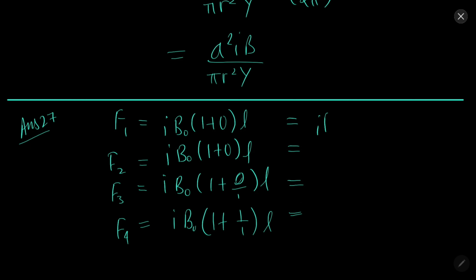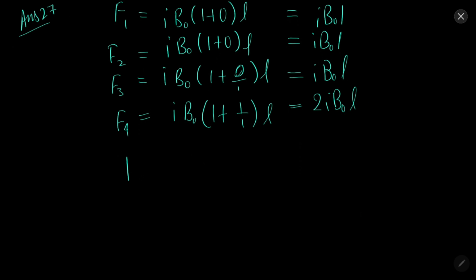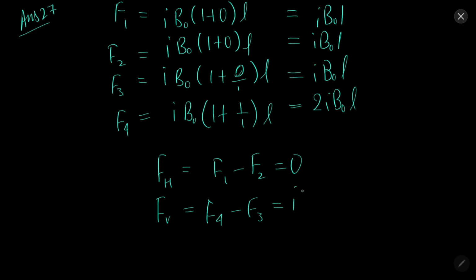So it will be I B naught L, I B naught L, I B naught L, 2 I B naught L. So net horizontal force will be F1 minus F2 equal to 0. Net vertical force will be F4 minus F3, which will be I B naught L.